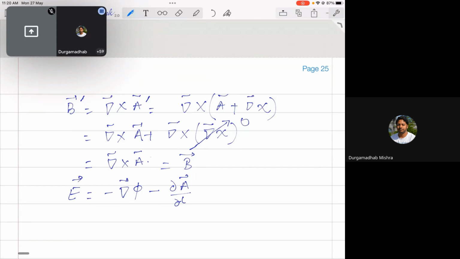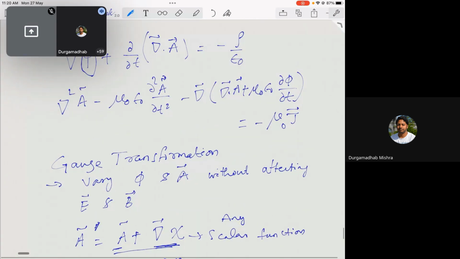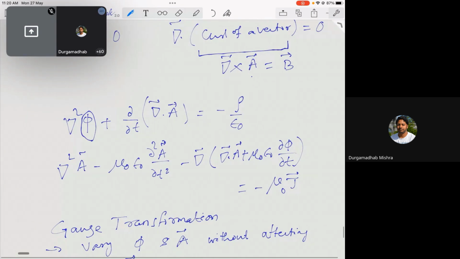So this gauge transformation allows us to write these wave equations as inhomogeneous differential equations in terms of phi and A, the scalar potential and vector potential. Now, can we make it simpler? Because the form here looks pretty complicated.